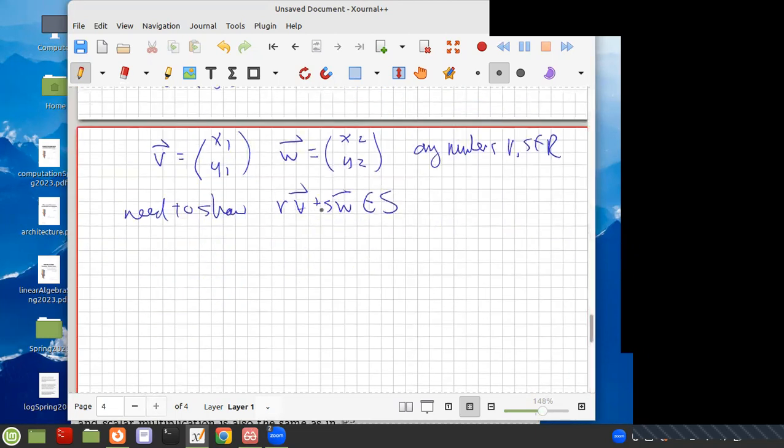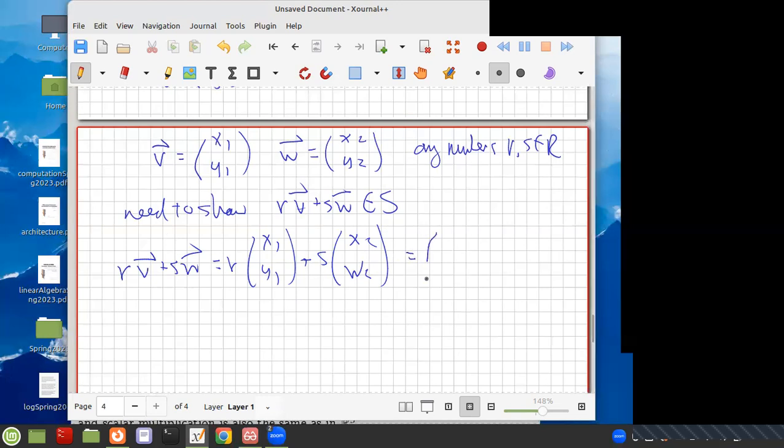Okay, well, let's see how that works. Let's form this thing here. R times V plus S times W equals R times (x1, y1) plus S times (x2, y2). Then I'm going to do the vector operations: multiply the R, multiply the S, and add the two vectors.